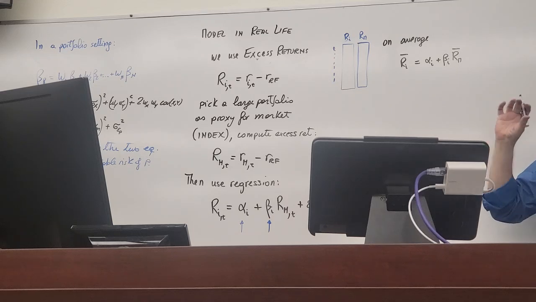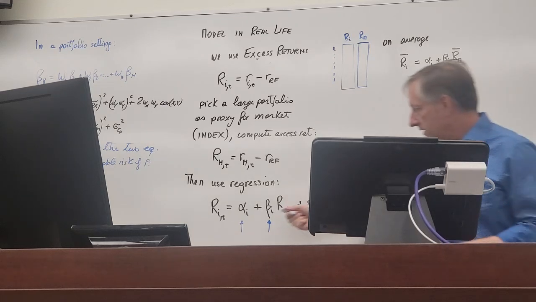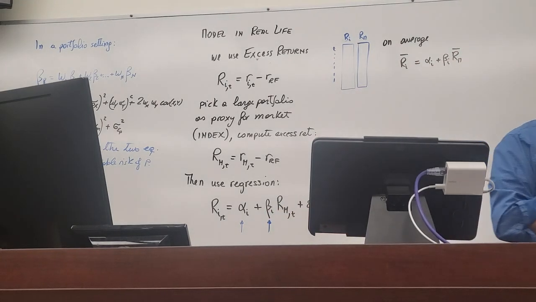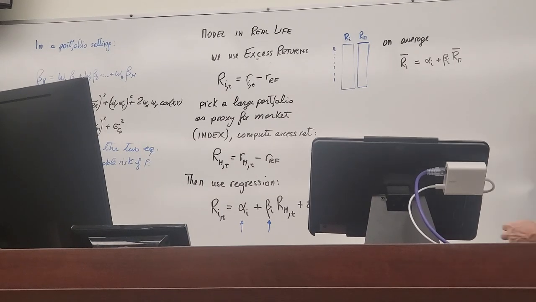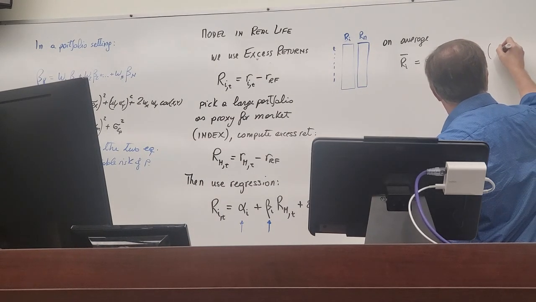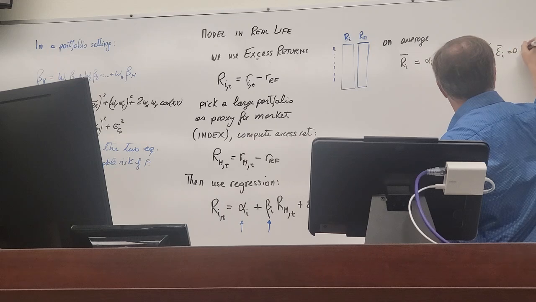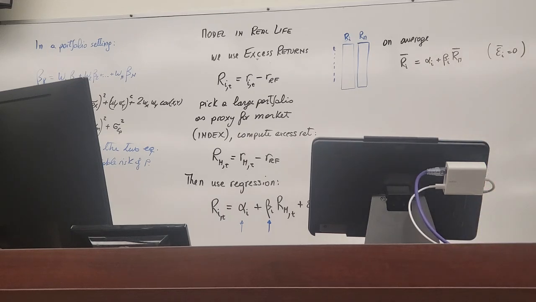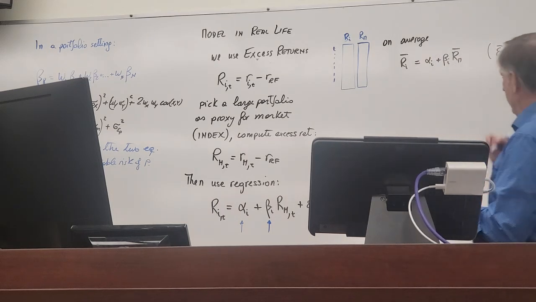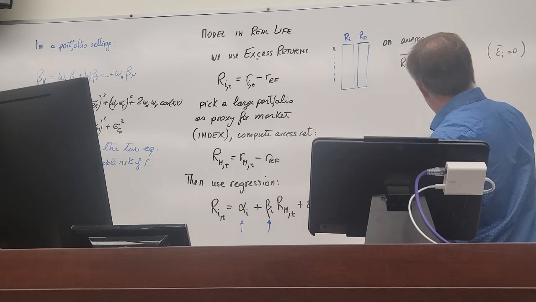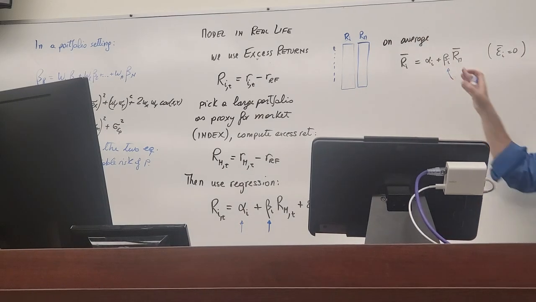You're finding the slope so that the average of the errors by construction is zero. So by doing this, we have estimated the beta, the sensitivity of asset i to the market-wide shock. Yeah. What about the alpha?